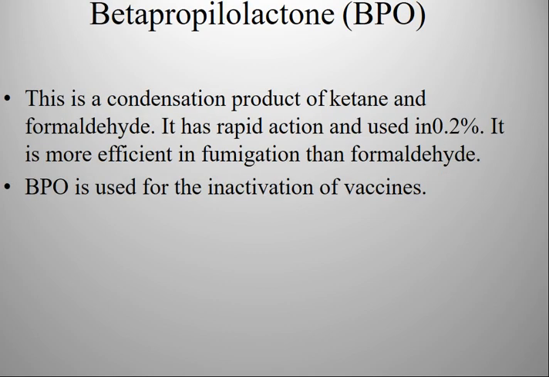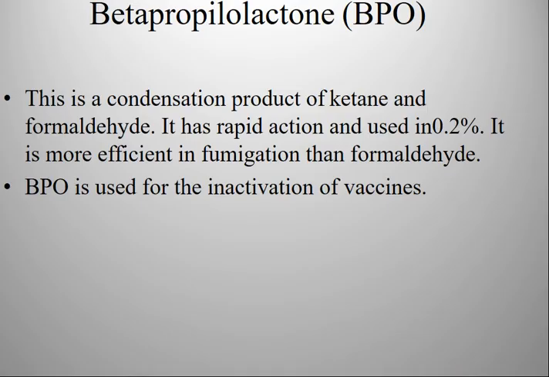Then another example mentioned in your syllabus is beta propiolactone. It is a condensation product of ethane and formaldehyde. So it has rapid action and it is used in around 0.2%. It is more efficient in fumigation than formaldehyde. So it is used for inactivation of vaccines.